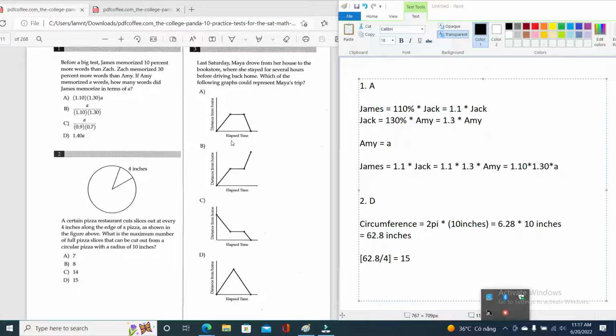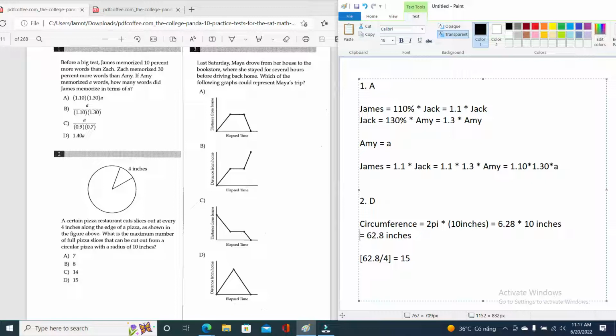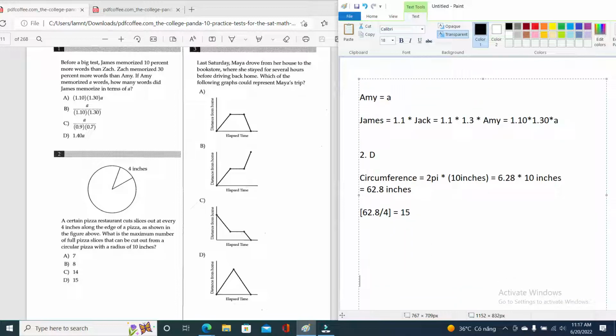Okay, so when you stay for several hours, the distance from her home stays the same, so we can cross out D, because we have to have a period where the distance from Maya's house is constant, so it's A, B, or C. Which of the graphs could represent Maya's trip? So we only have A, B, or C left.